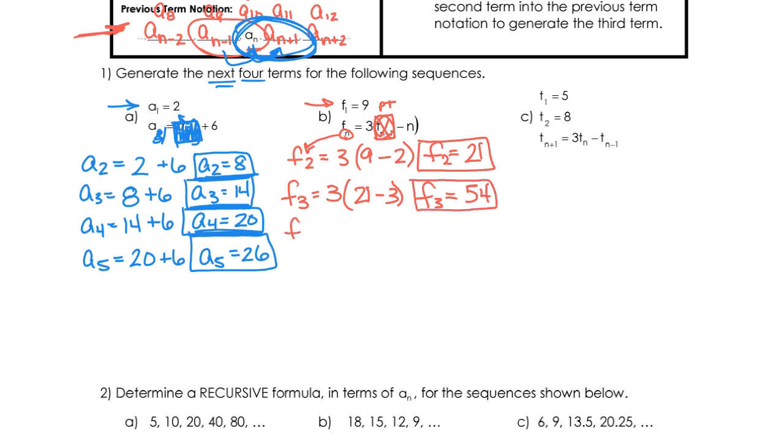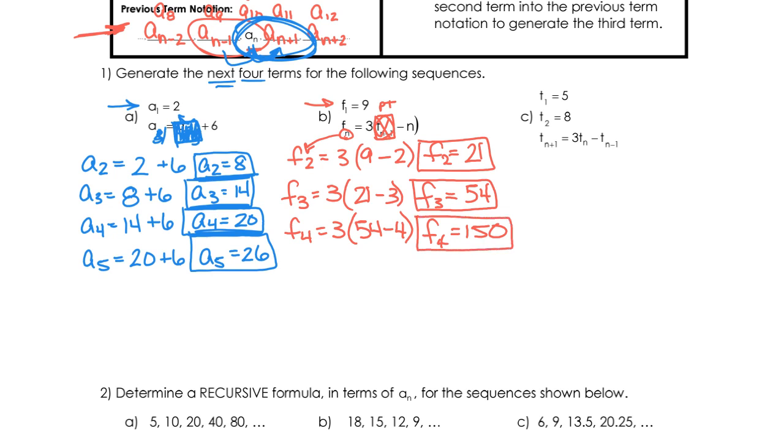All right, so now we'll find f sub 4. Formula says 3, parenthesis, previous term comes out. Previous term to the fourth term is the third term, which is 54. Minus n. N is our subscript, which is 4. Okay, 54 minus 4 is 50 times 3 makes 150 for our fourth term.